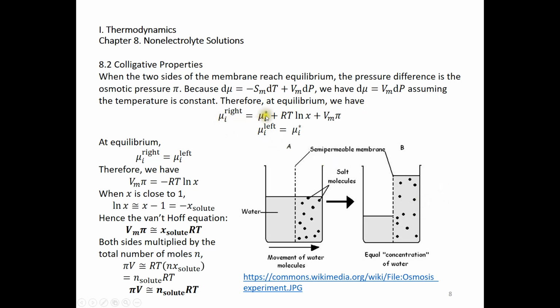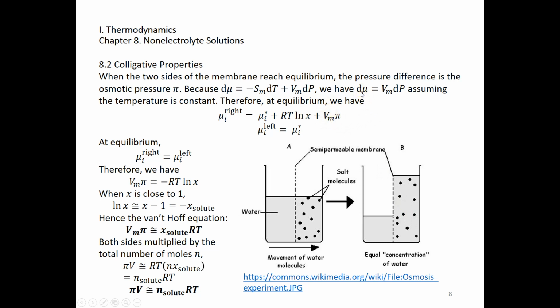It's equal to the chemical potential of pure water plus RT ln x. Why is that? Again, over here, the mole fraction x is less than 1. So you can see the sum of these two components is less than the chemical potential of pure water. However, on the right hand side, we have some additional chemical potential that originates from this part.